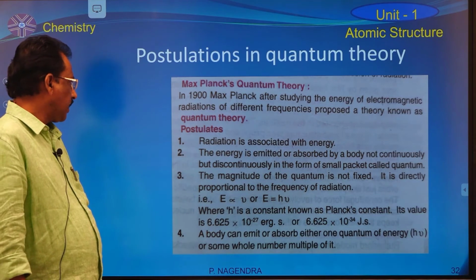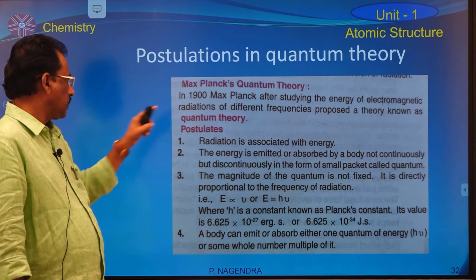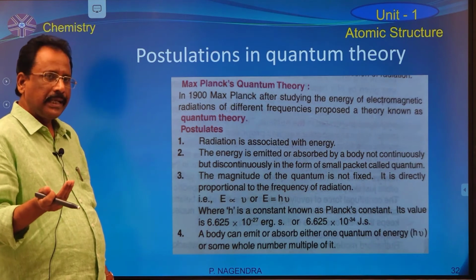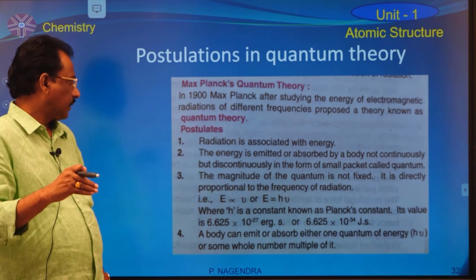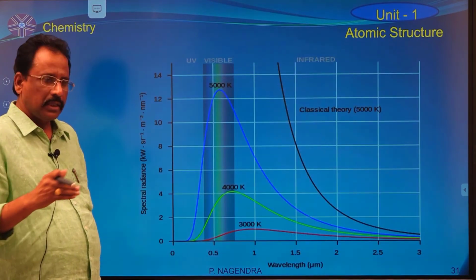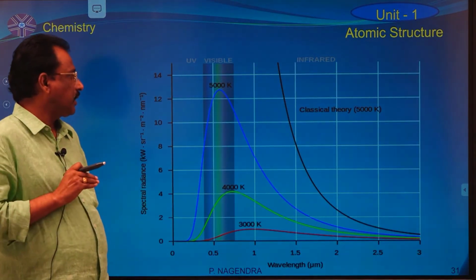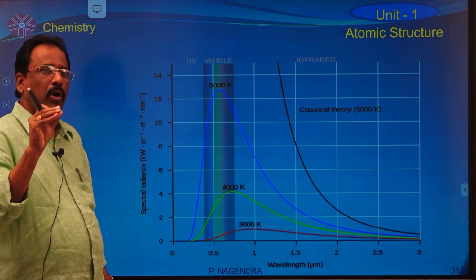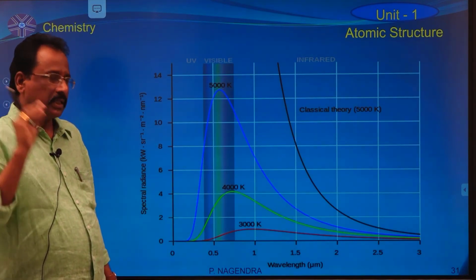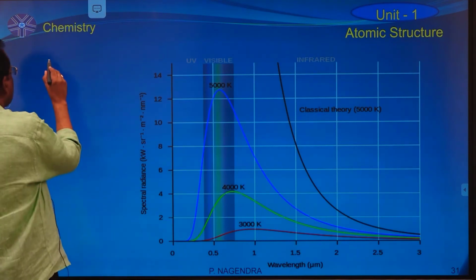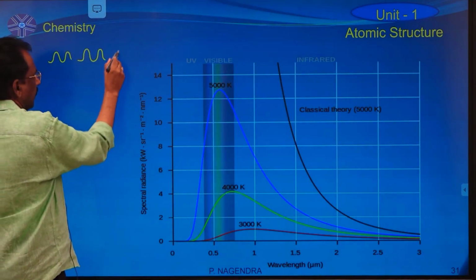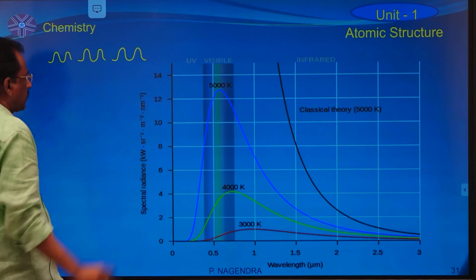And a very important point according to this theory is that a black body emits or absorbs radiation discontinuously, in the form of small packets or bundles.